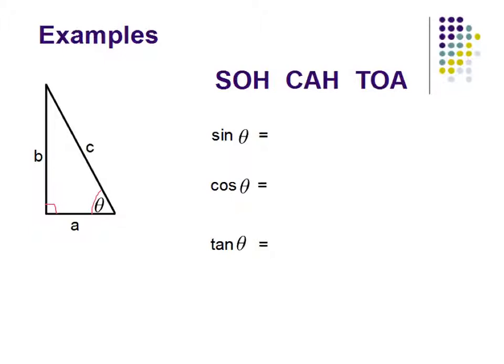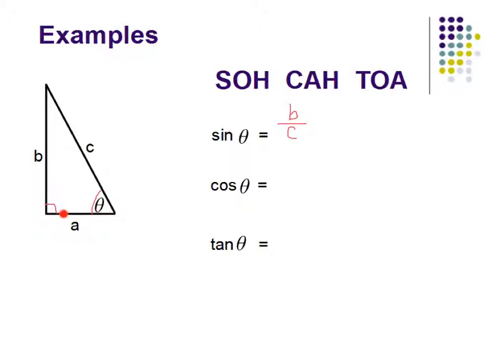So the sine of theta, remember, is going to be opposite over hypotenuse. So when I look at that, the side opposite of theta is B, and my hypotenuse is C. Okay, so that means that the sine of theta in this example would be B over C. The cosine of my angle, cosine is going to be adjacent over hypotenuse.